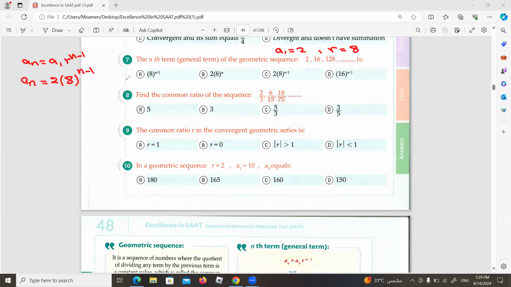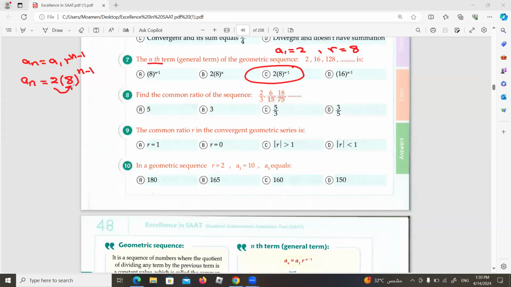Leave n minus 1 as it is, as we are not given the value of n. So I just write 2 multiplied by 8 to the power n minus 1, so it's letter C as you see. Pay attention to a very important remark: we can't multiply 2 by 8.